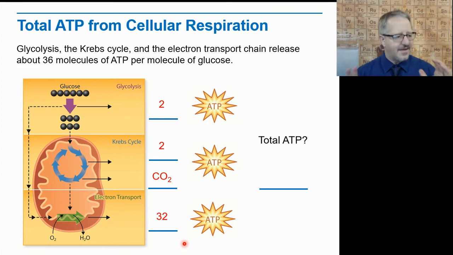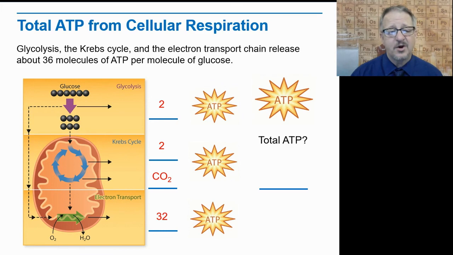They work well enough to provide life-sustaining services, but we literally have to kind of broaden our horizons from 36 specific to more of an ATP range. And that range can be anywhere from 30 to 42. Okay? 30 to 42 ATP are generated during cellular respiration.